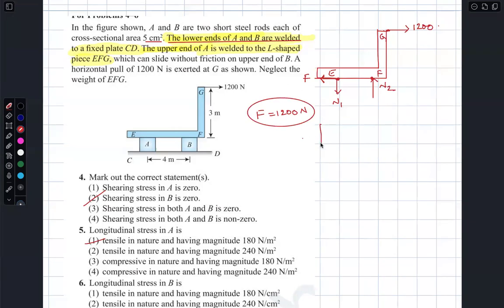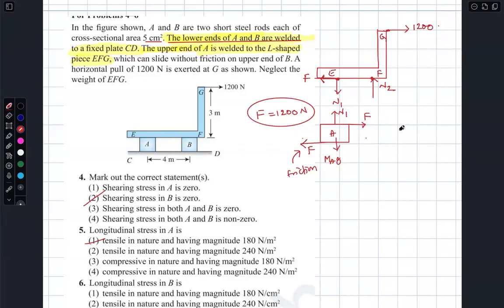Now we will draw the free body diagrams of A. This is A. The free body diagram of A is, see, action, reaction. Friction, actually. This force is friction.